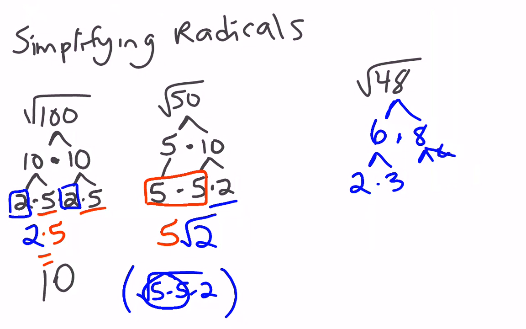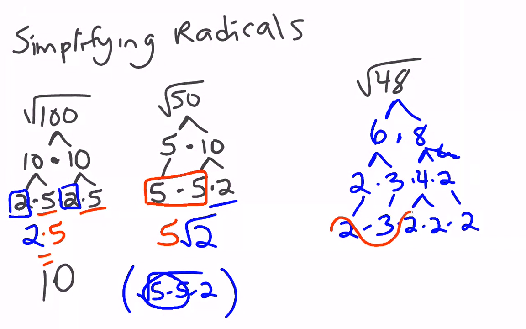So let me do it the long way though. That would be 8 is 4 times 2. Can't do anything else with the 2. Can't do anything else with the 3. 4, I can break down to 2 times 2. And then I have my last 2. So now this gives me a situation where I have one set of 2s and another set of 2s.